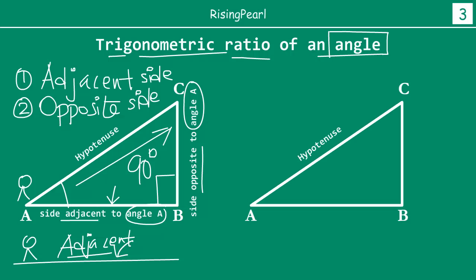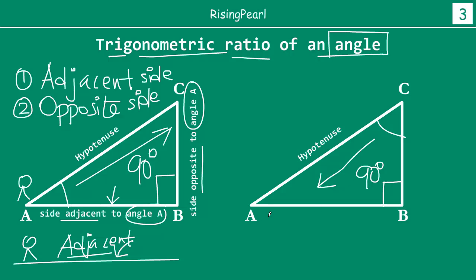Now for example, let's talk about the same triangle again. We have angle B 90 degrees. Instead of A, this time let's try to find out for angle C what is going on. So this time you have to imagine that you are standing at vertex C and you are looking right across from you.